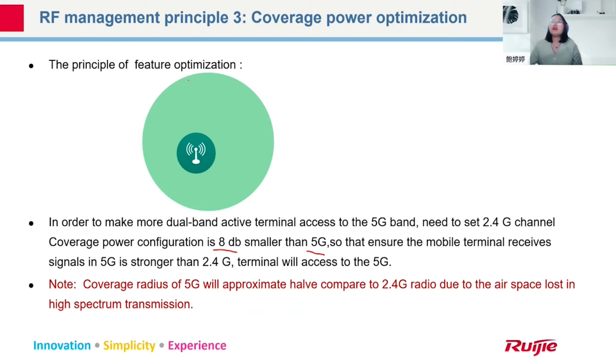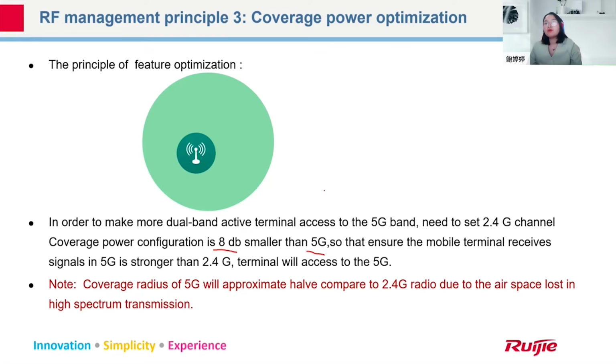That means if in our network we use 2.4G and 5G at the same time, because on 5G we have lots of non-overlapping channels, and also we can provide higher speed with some special technology, we hope the terminal connects with 5G with higher priority than 2.4G. So we make the coverage power 8 dB smaller than 5G.